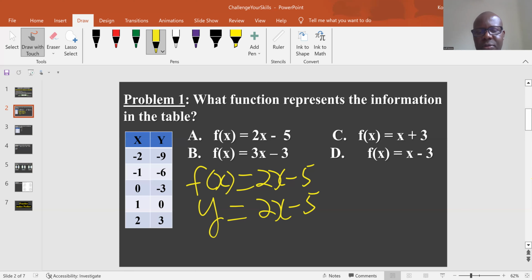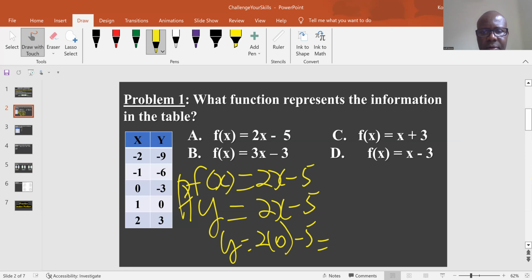Using 0 for x makes the calculation easier. So here, this is choice A. If I replace x by 0, I have y is equal to 2 times 0 minus 5. That gives me negative 5, which is not the case here. For 0, we should get negative 3. So A is out.